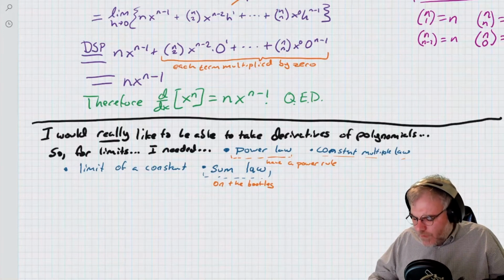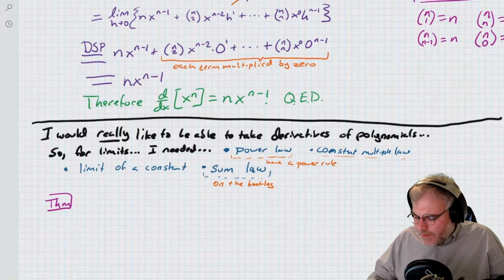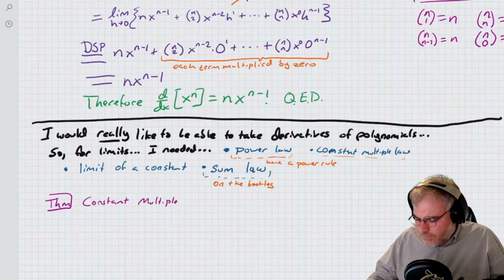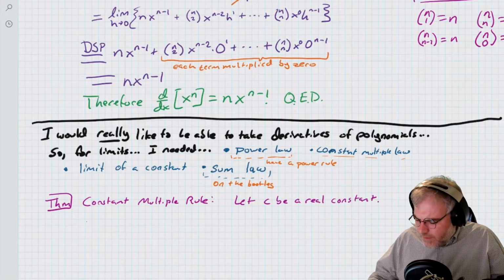All right, we would like a theorem. It's more of a lemma. The constant multiple rule. And so what does it say? Let c be a real constant, and f differentiable at x.